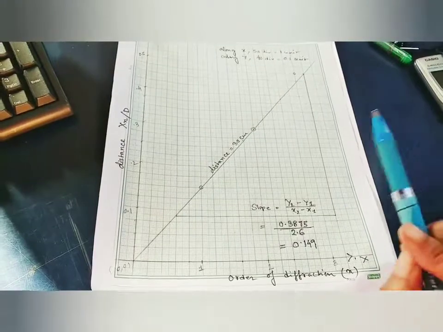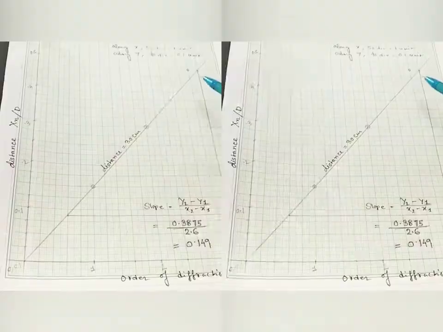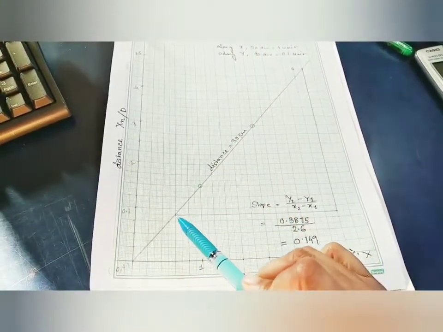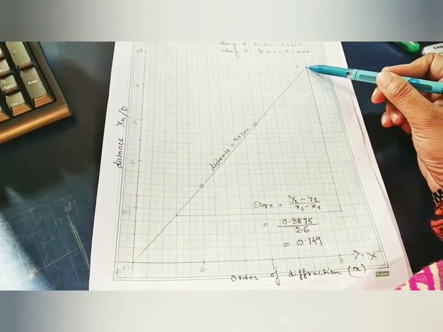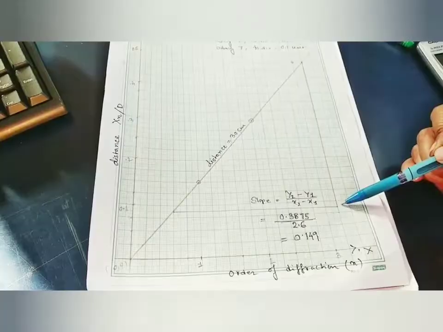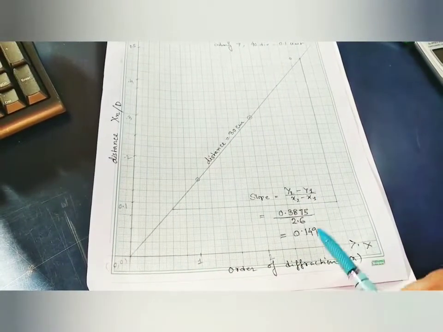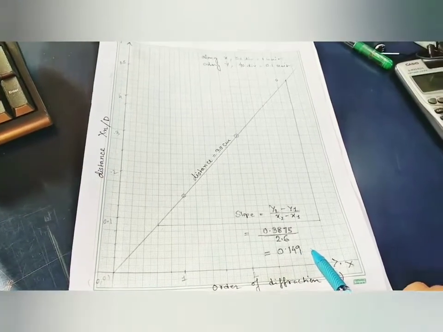After that I chose 2 points on the straight line to find the slope. If this one is x1, y1 and this point is x2, y2, my slope will be y2 minus y1 by x2 minus x1. I calculated the slope value and got 0.149 unit.